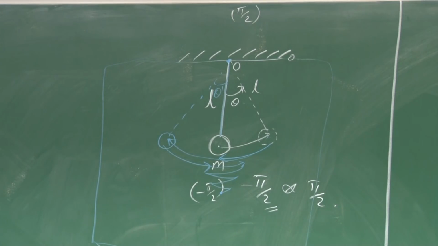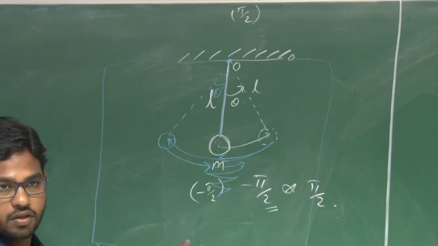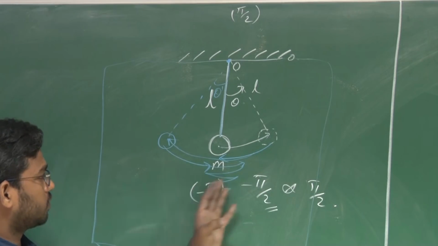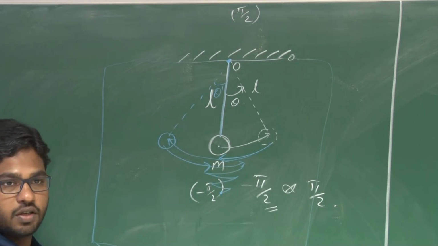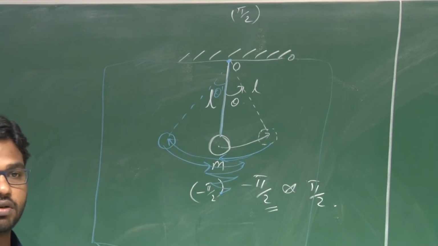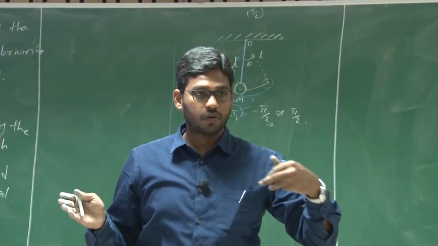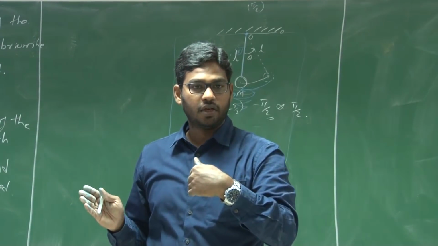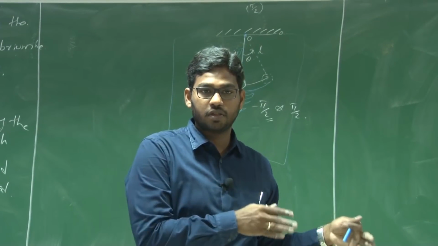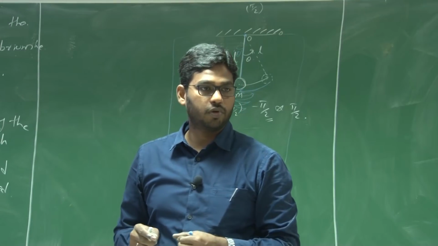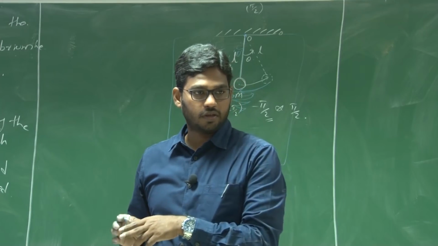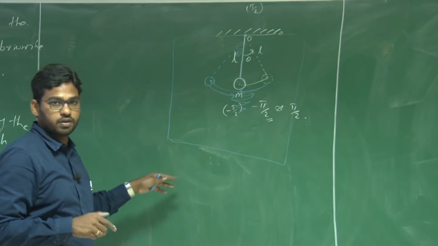So when you are talking about stability, you are talking about two conditions here. One is the tendency to come back towards this equilibrium, and the other is, over a time period, looking at the behavior of the system and commenting whether the system is coming back towards that equilibrium or not. So there are two cases for this stability.